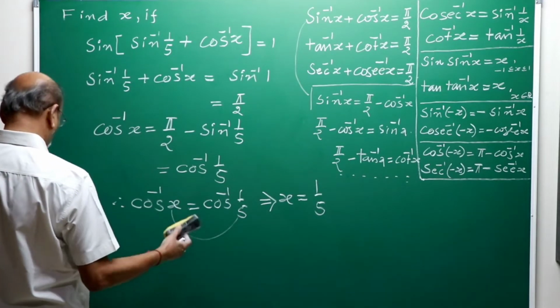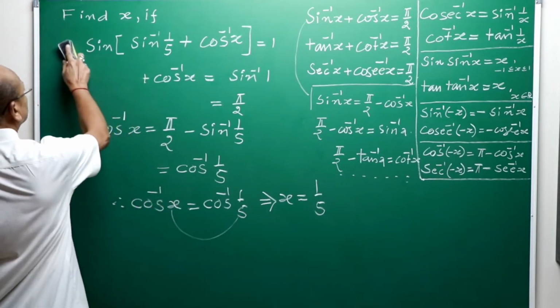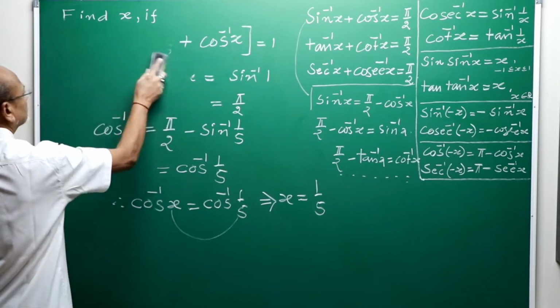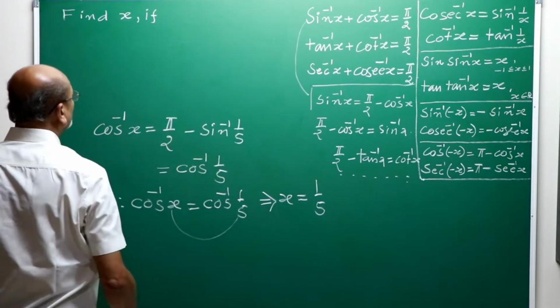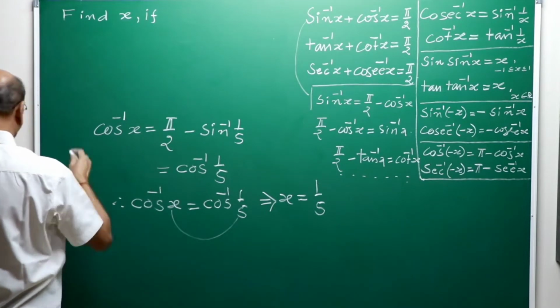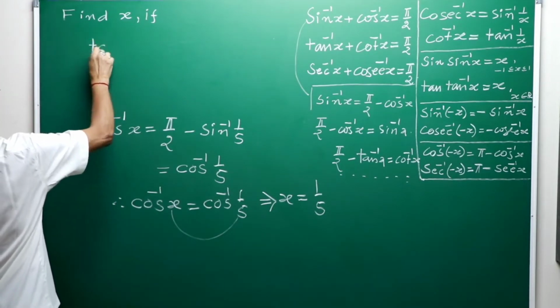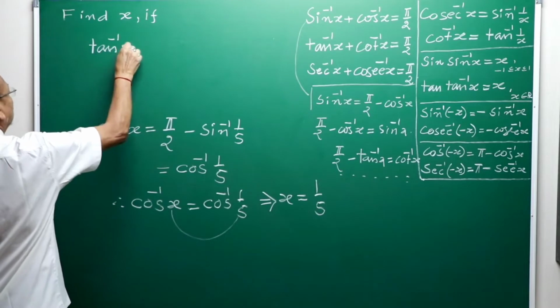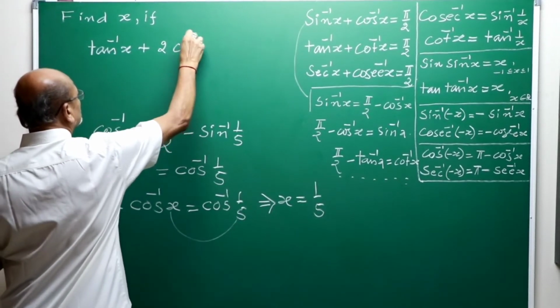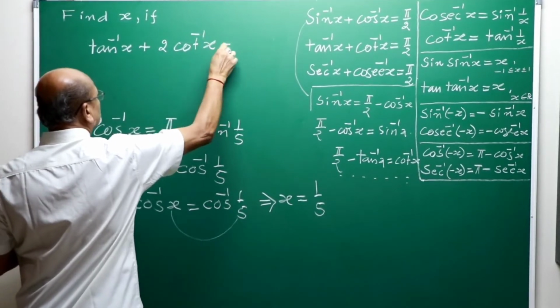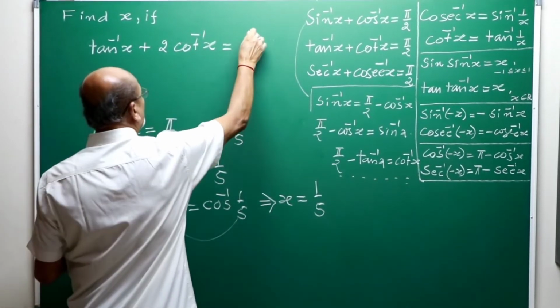Find the value of x if tan inverse x plus 2 cot inverse x equal to 2 pi by 3.